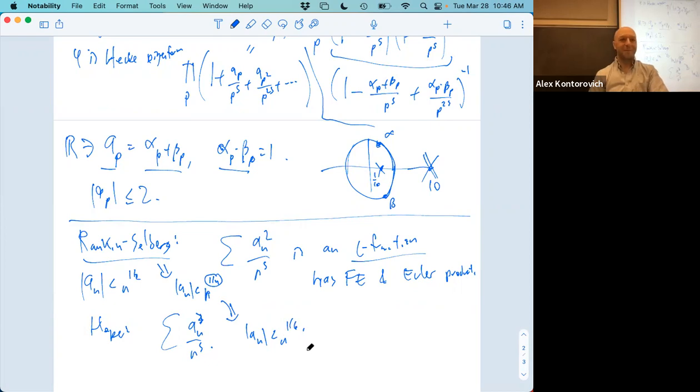You can't iterate this. You can't take the a_n squared L function and then Rankin-Selberg it. No, because the a_n squared L function will be an L function of degree 3. Right. This is the new numbers. And that L function was conjectured at the time, or I don't know if it was, Rankin-Selberg long predates any of these things, but let's be ahistorical here.